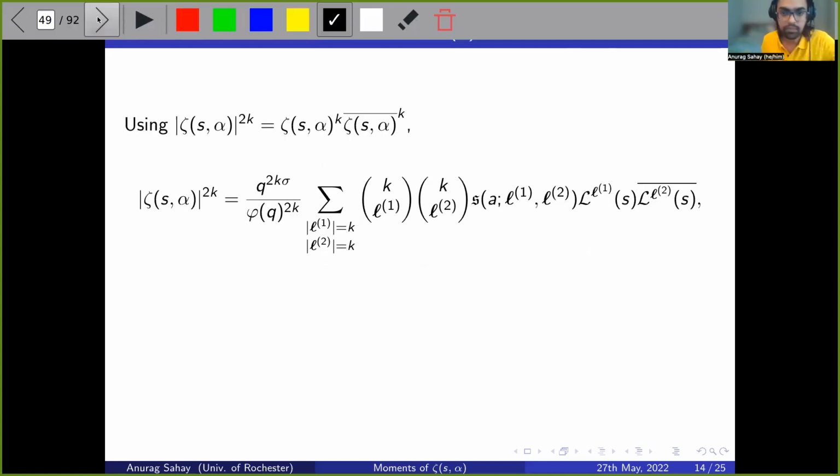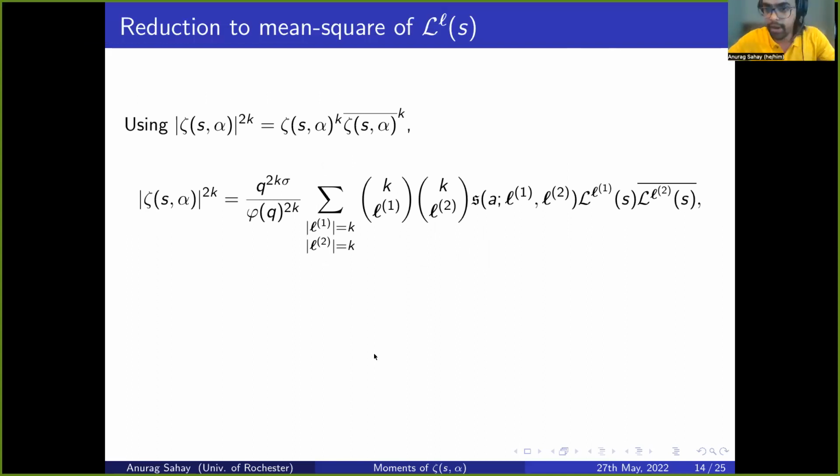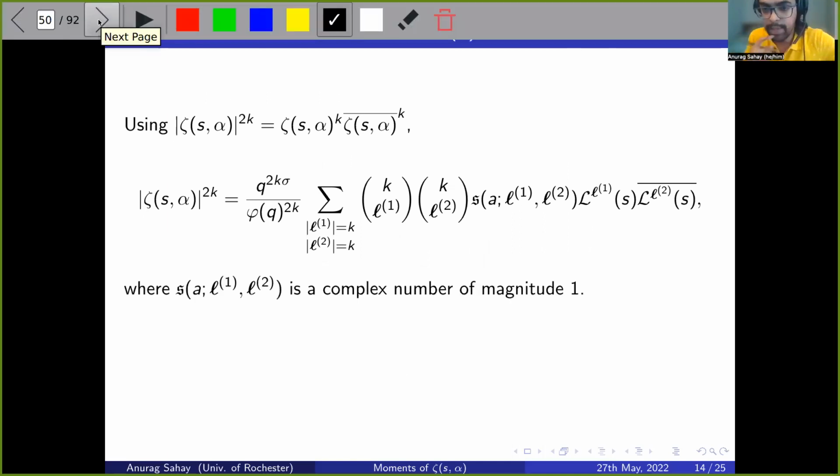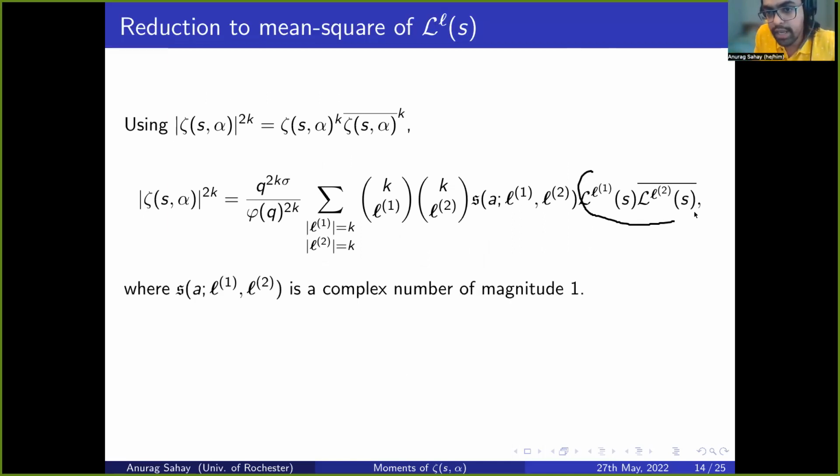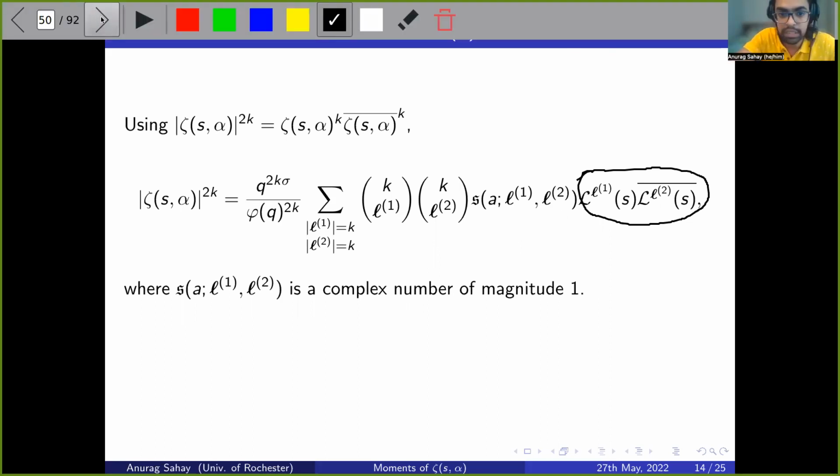Okay. And now I'm going to integrate this from t to 2t, where s is half plus it. If you do that, the expectation is that if this quantity isn't a real number, it's probably going to oscillate really fast. And it's very easy to see that it doesn't oscillate precisely when L1 and L2 are the same tuple.